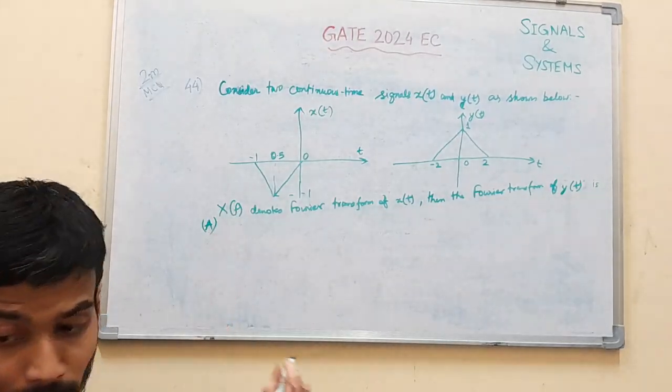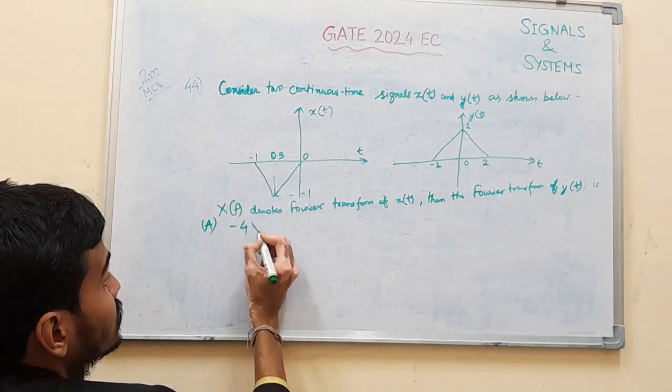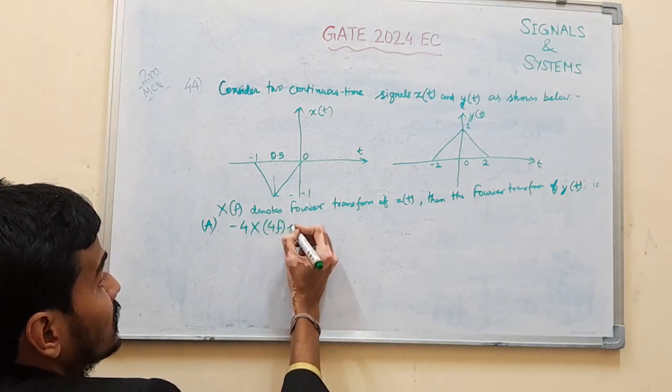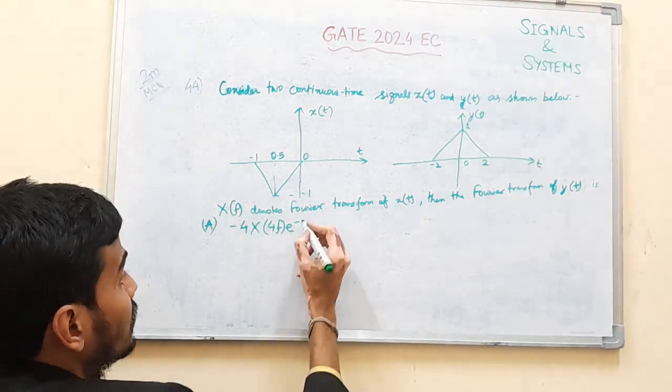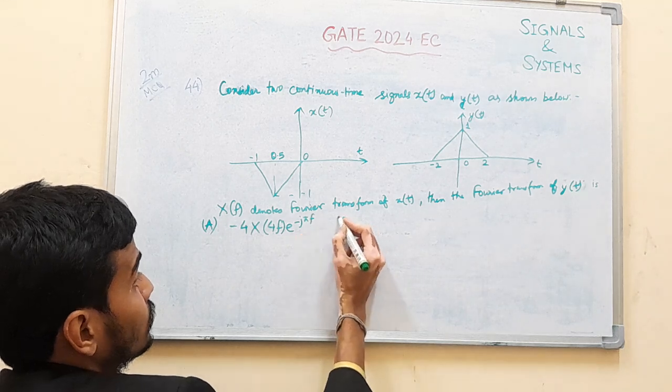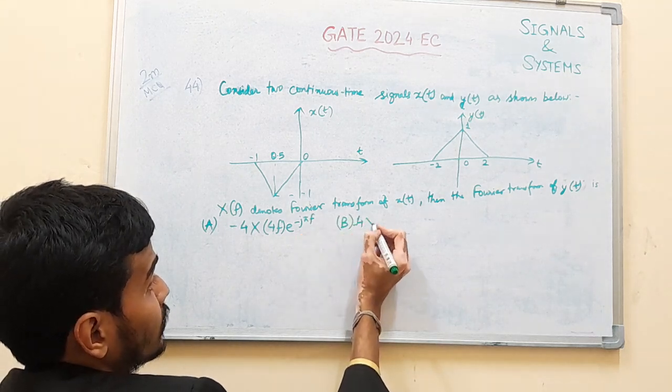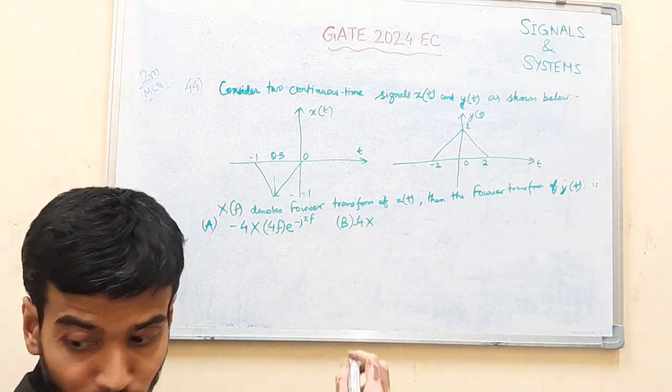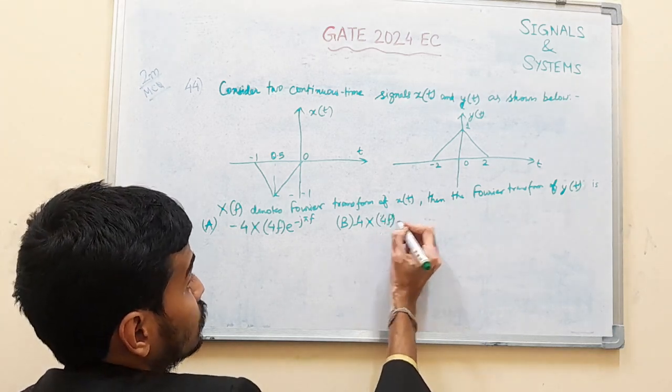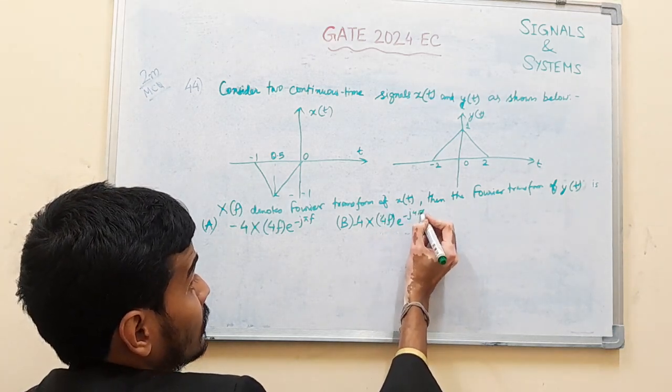Options are given as: Option A, minus 4 x of 4f e to the power minus j pi f. Option B, minus 4 x of 4f e to the power minus j 4 pi f.